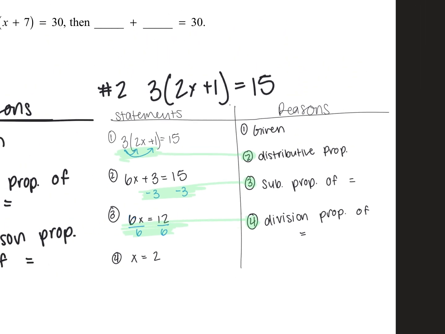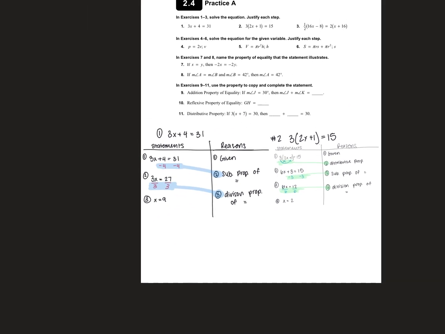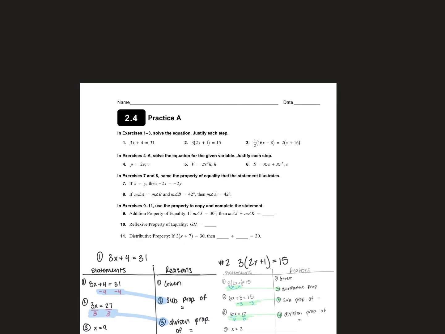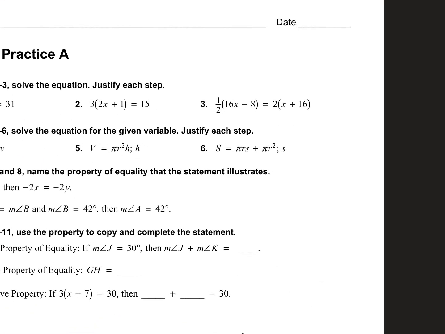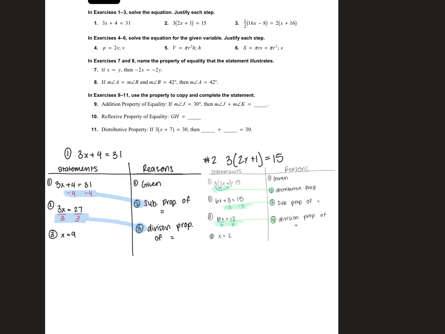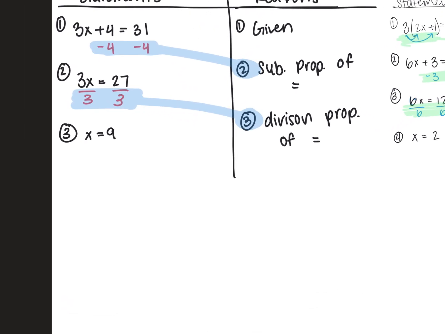All right, let's go ahead and do number 3. Number 3 is going to be 1/2 times 16x minus 8 equals 2 times x plus 16.